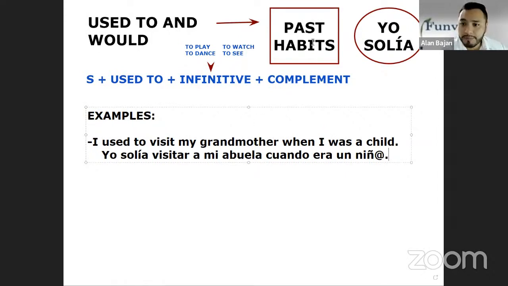All right, when I was a child. Another example.